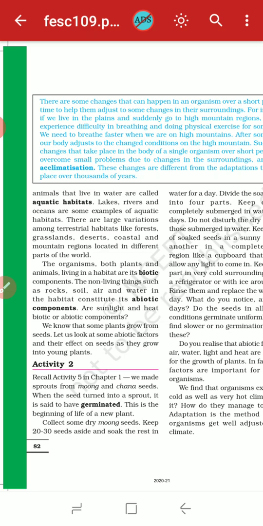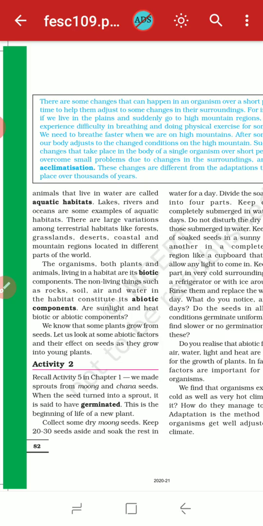Now let's see how plants take help from abiotic factors, that is, non-living things. When a plant grows, it consumes water and minerals from the soil, and carbon dioxide from the atmosphere. These are all non-living things, the abiotic factors. That means plants take help of abiotic factors for the preparation of food.